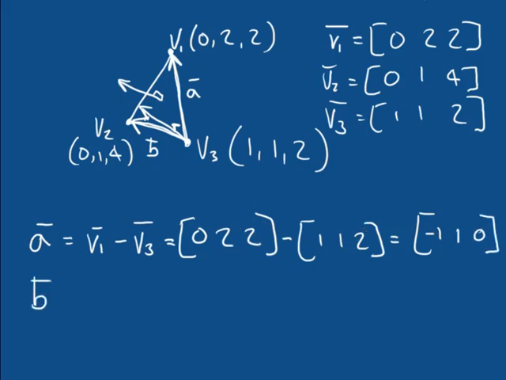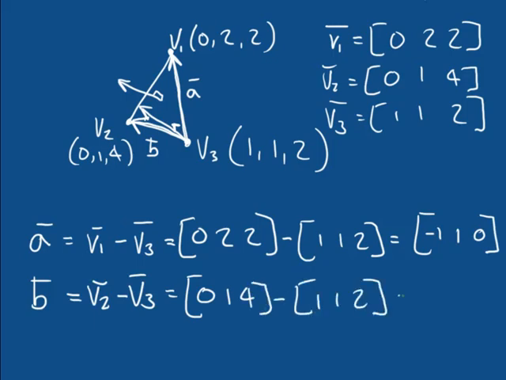Fantastic. B is going to travel from V3 to V2, so it's equal to V2 minus V3, which is equal to V2, 0, 1, 4, minus V3, 1, 1, 2, which is equal to 0 minus 1 is minus 1, 1 minus 1 is 0, and 4 minus 2 is 2.